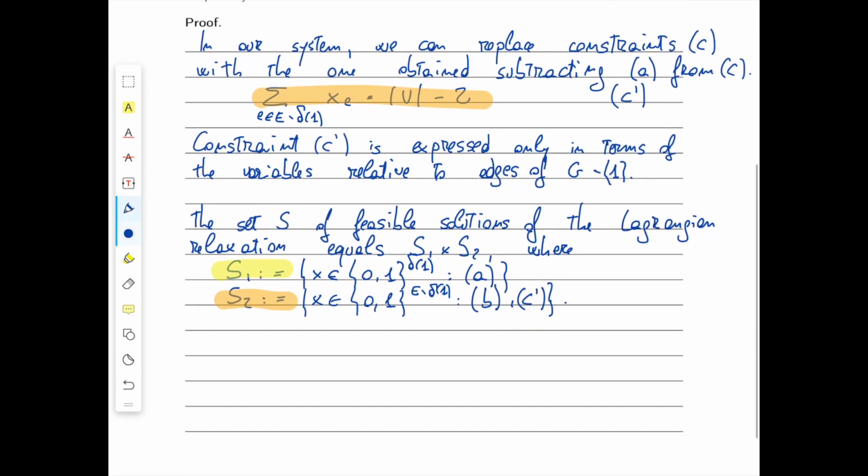Let's write it down. S1 is the set of incidence vectors of subsets of delta of 1 of cardinality 2.